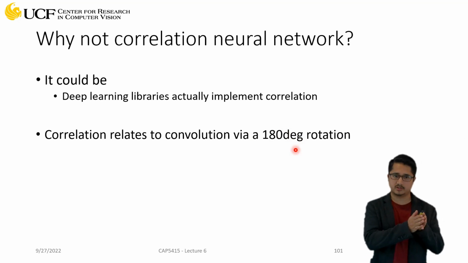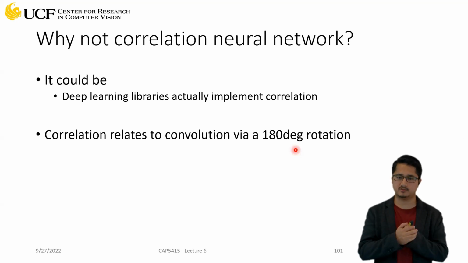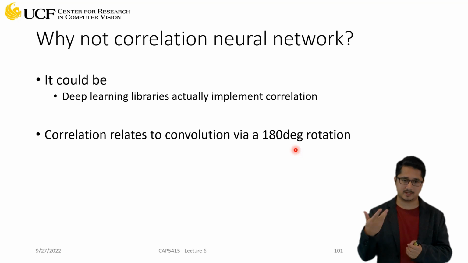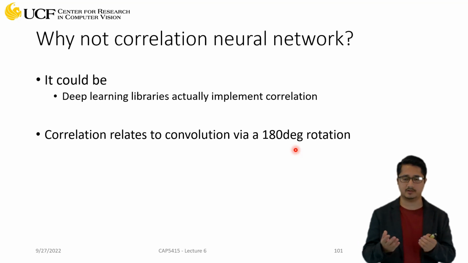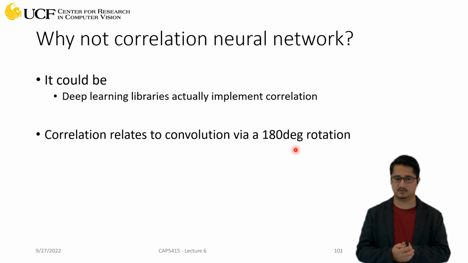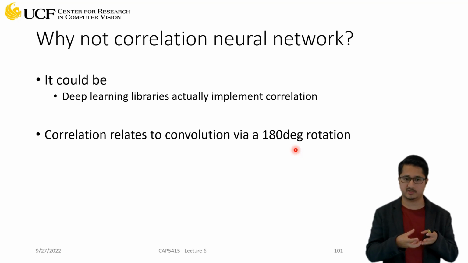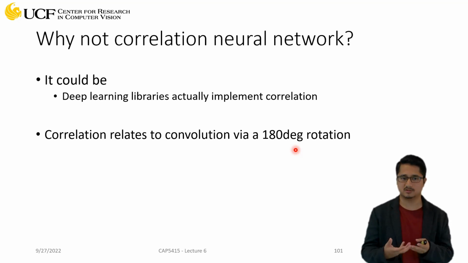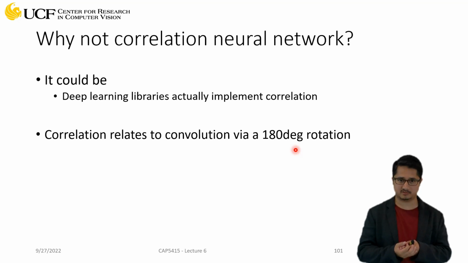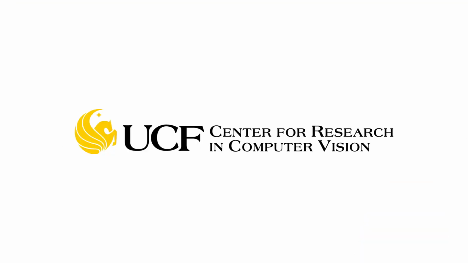So instead of correlation, you can also perform the convolution operation. It's just that it won't be efficient. The rotation will add some computation overhead, and we don't want that. And at the end, these filters are learned. So the idea is, if the network can learn filters based on the correlation operation, it can also learn the filters based on the convolution operation. Okay, so at the end, it doesn't matter whether you call this correlation or convolution.